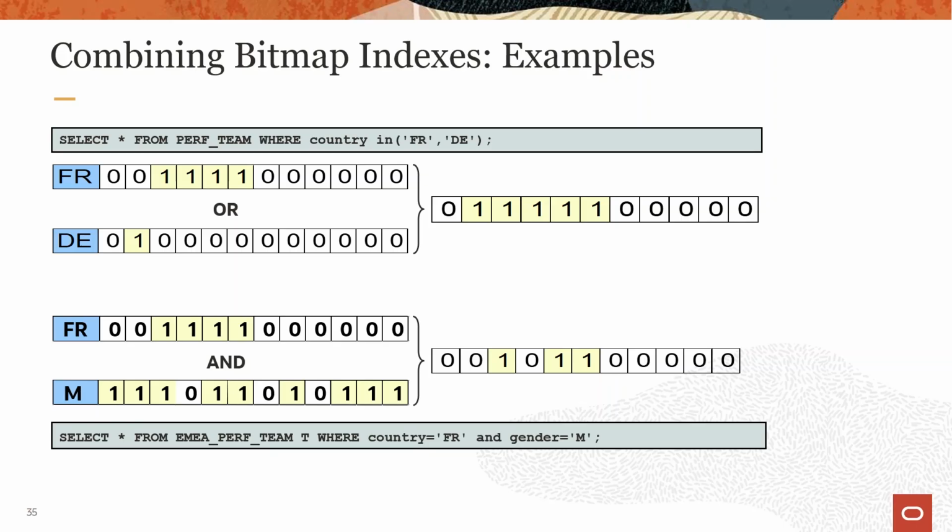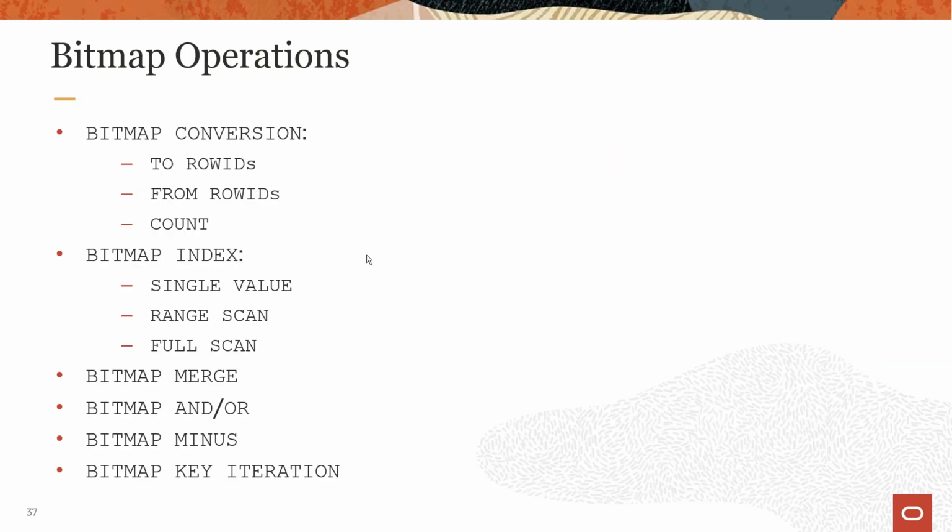So if you say not France, you take the bitmap of France and the zeros become 1 and the 1 becomes 0. So for all the countries that are not France, 0 becomes 1, 0 becomes 1, and the 1s become 0. And then the resulting bitmap will be used to calculate the row IDs, and this will give the row IDs of those records that are not France. This is what we call the bitmap minus operation.